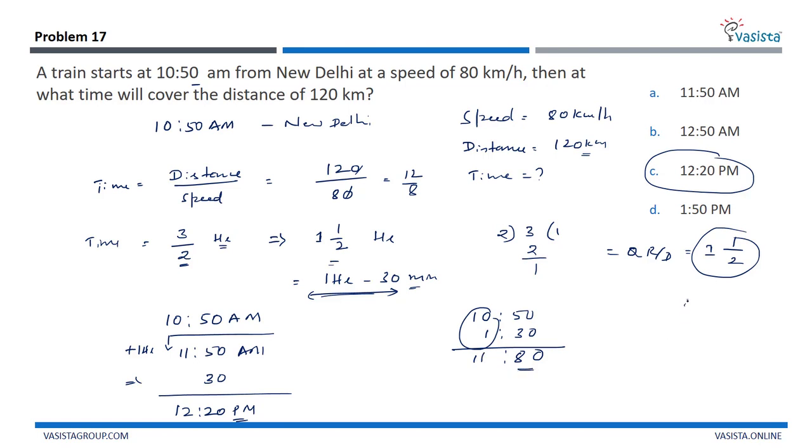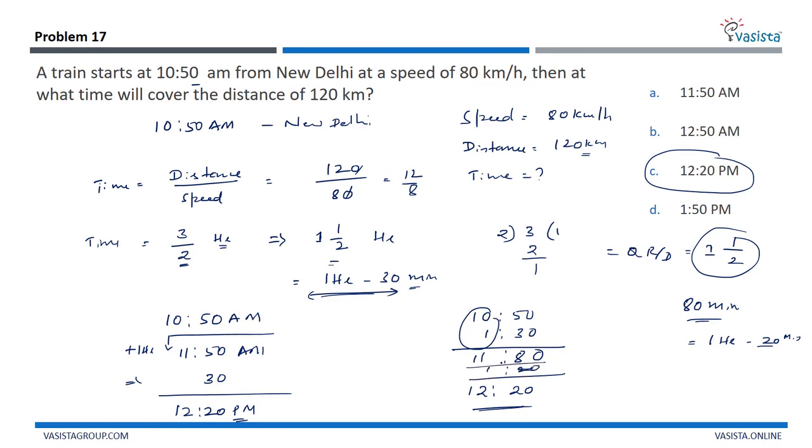But 80 won't come as minutes. 80 minutes is nothing but 1 hour 20 minutes. So take 1 hour from the 80, that is 60, and add it to the hours side. That will become 12 and 20 minutes.